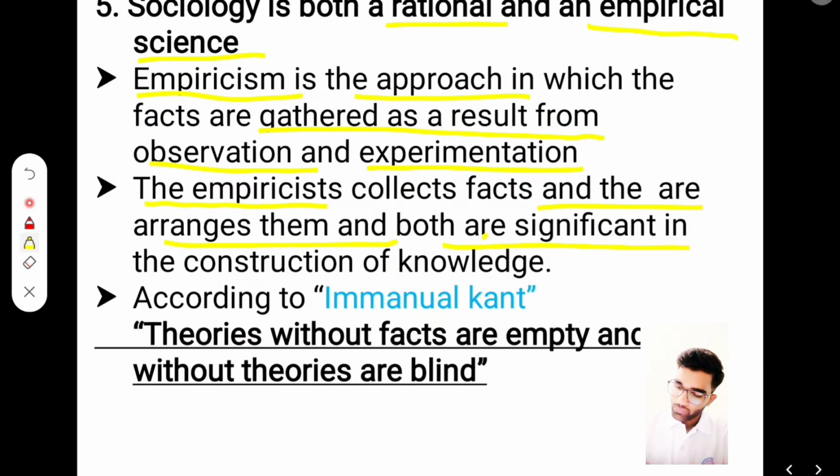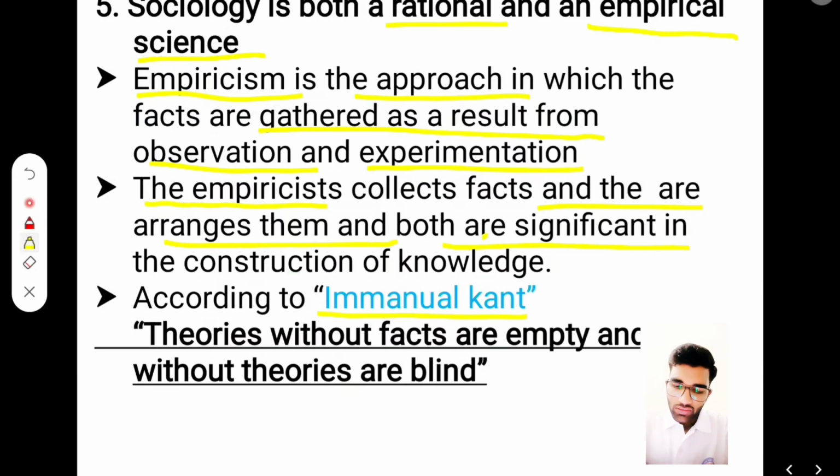According to Immanuel Kant, theories without facts are empty and facts without theories are blind. Those theories which do not have facts are empty, and facts without theories are blind.